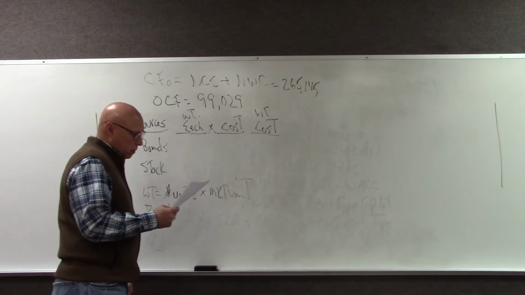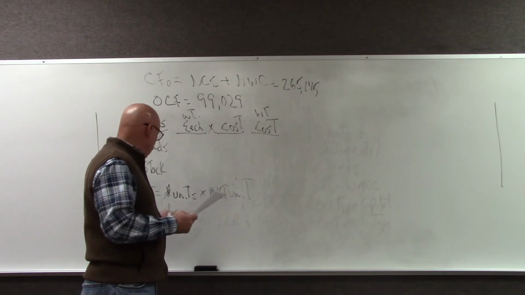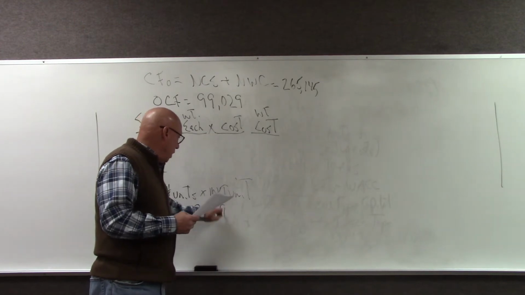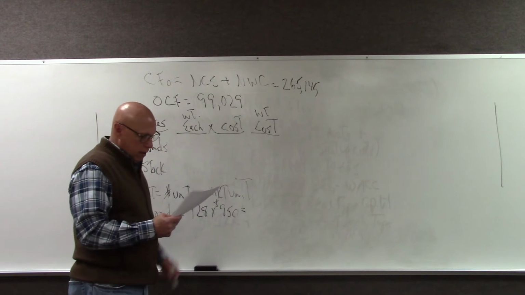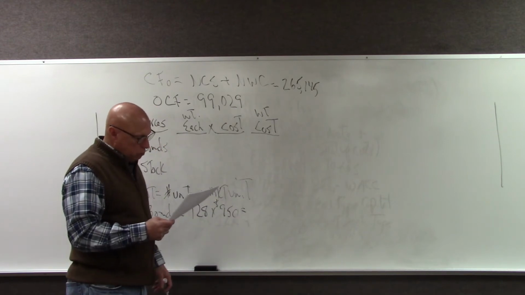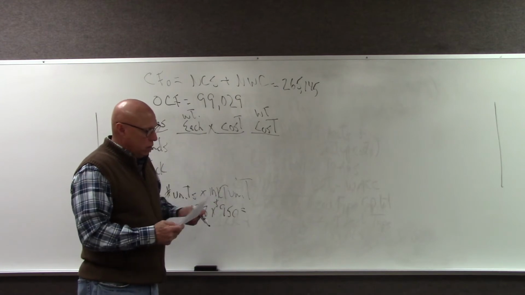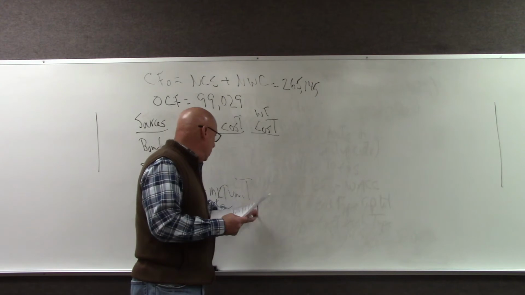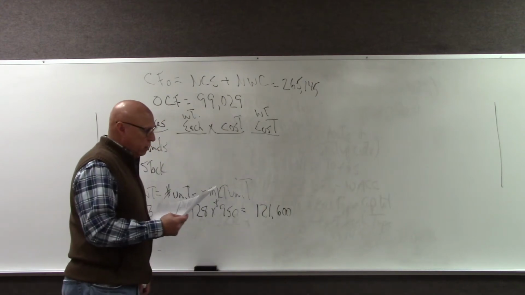We've got 128 bonds times $950 per bond. Okay? And so, let's see. All right, so that's $121,600.